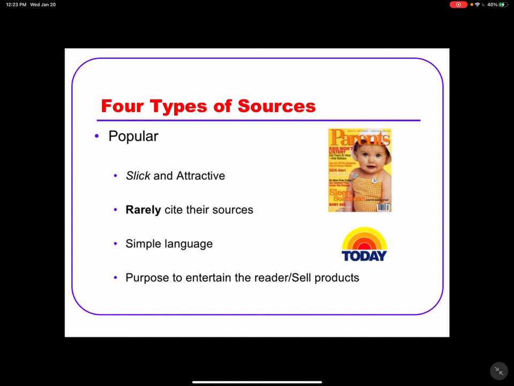Now, I'm going to stop for a minute and first tell you that these are not the kind of sources that I want to see in the papers, but also sometimes these can be good sources of ideas. You might see an article in Parents Magazine or a short segment on the Today Show that talks about something that's interesting to you. You don't have to ignore it completely.